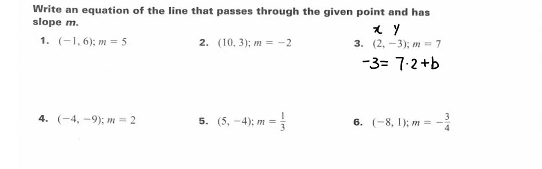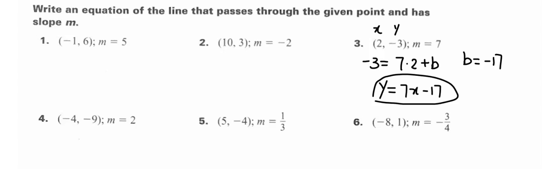I'm going to pause and give you opportunity to practice. What do you have for b? Alright, did you find out that b is negative 17? Once you find that b is negative 17, you can start to write.